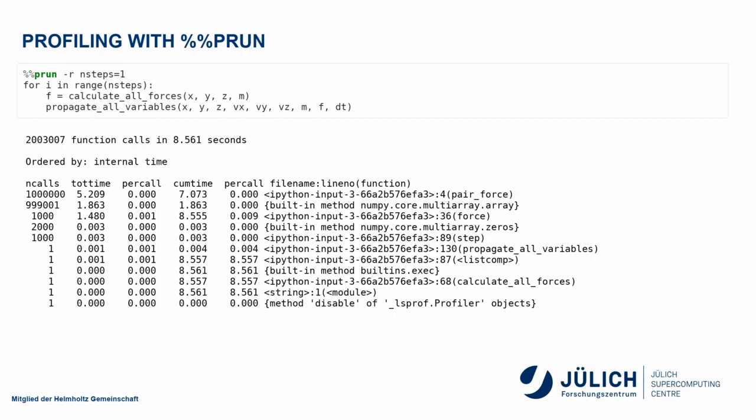And here you can now see, OK, we did a lot of calls, a million, with a total time of 5 seconds within pair force. Lots of time also in multi-array. We spend time in the force calculation. This is the time including all the routines it calls.